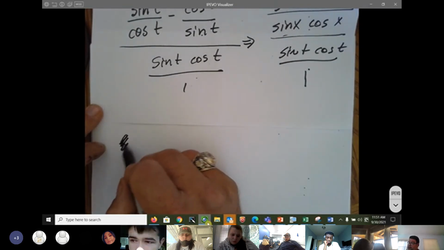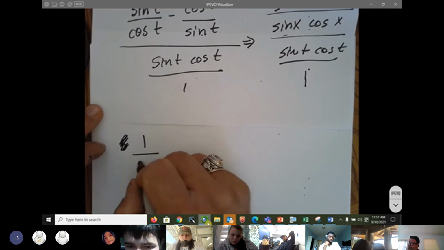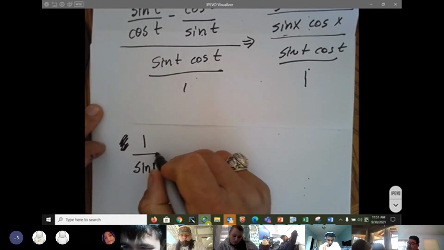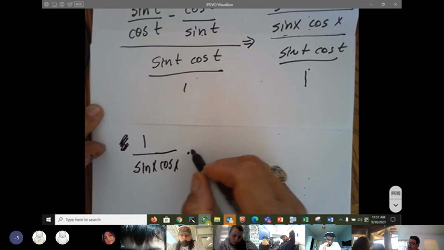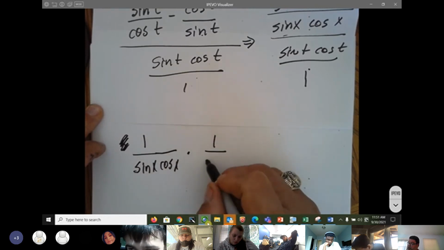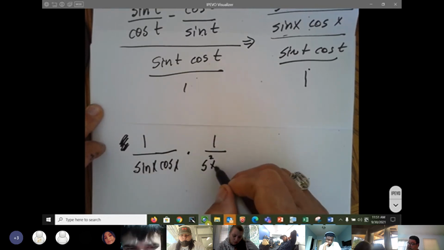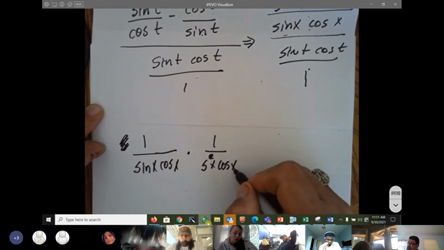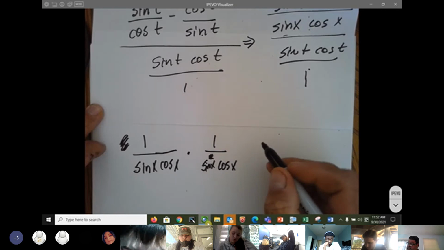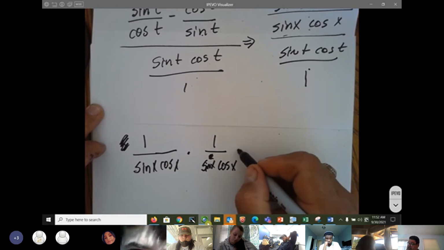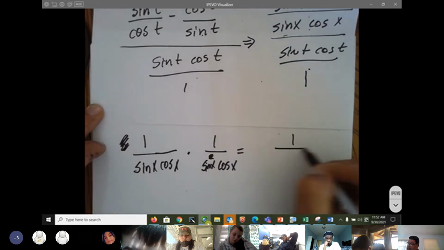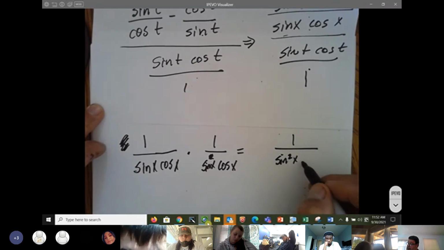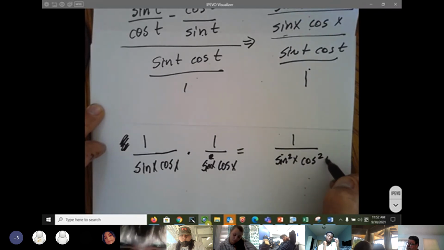That's 1. 1 over sine x cosine x multiplied by 1 over sine x cosine x. Well, I get 1 over sine squared x cosine squared x.